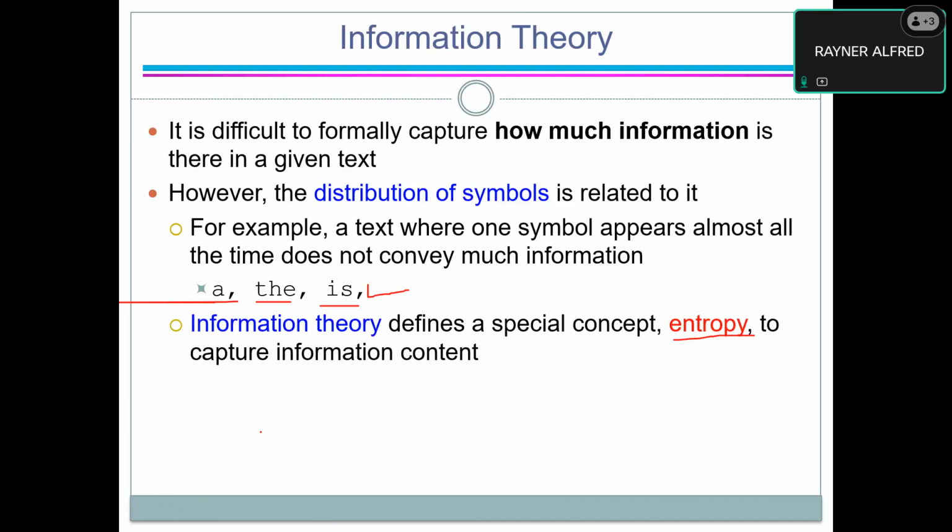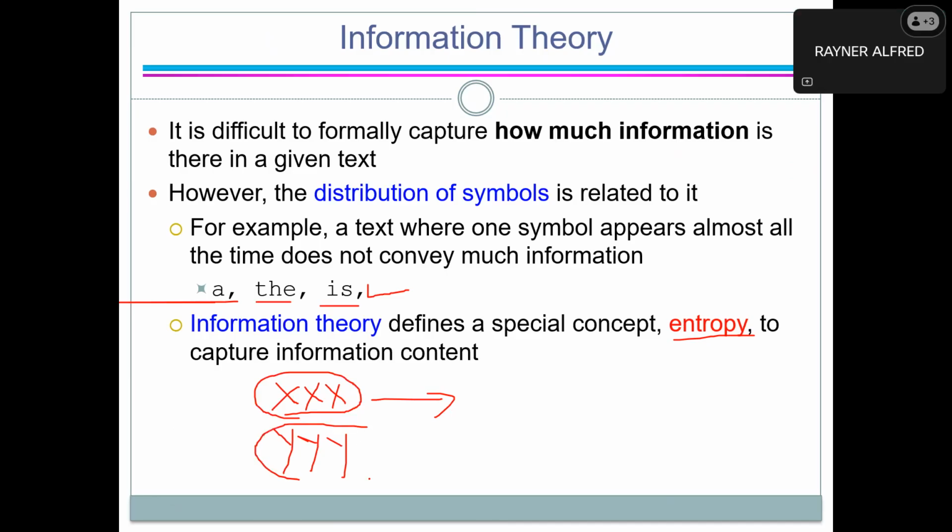For example, if we have this x, this is one term, and this is y. If this one is usually used in the document, that means the certainty of this is very high, so it is easy to pick.